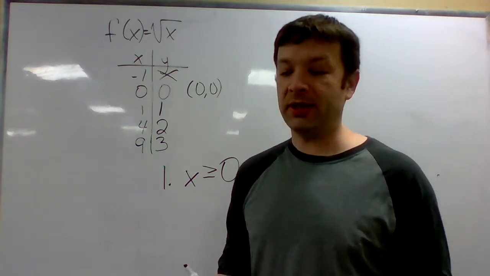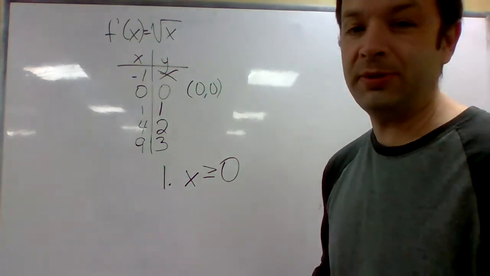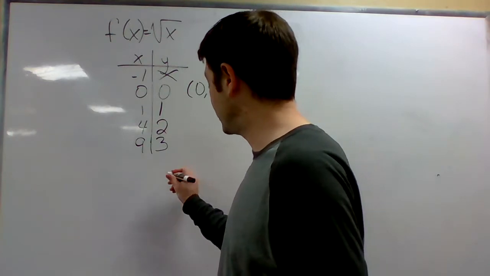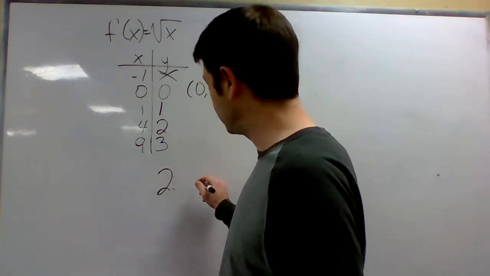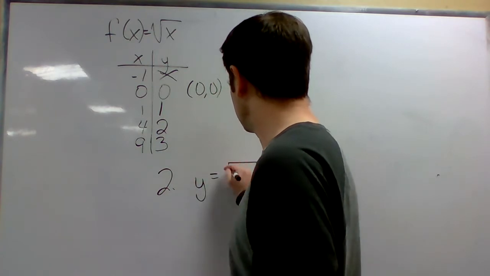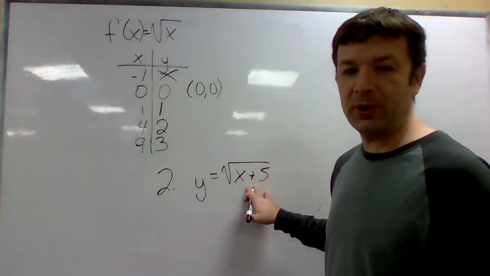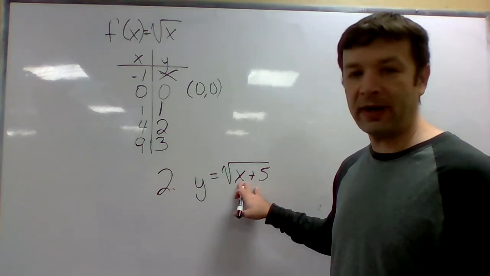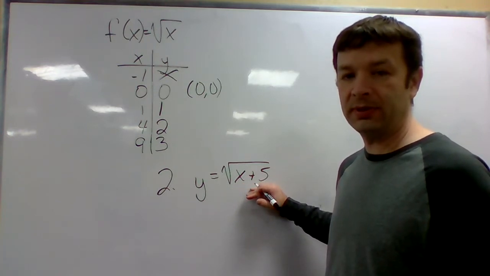Okay, number 2, I know that's an even, but let me do a problem like number 2, and then hopefully you'll get it. So remember, under the square root, it needs to be at least a 0. So what x value would make x plus 5 0?